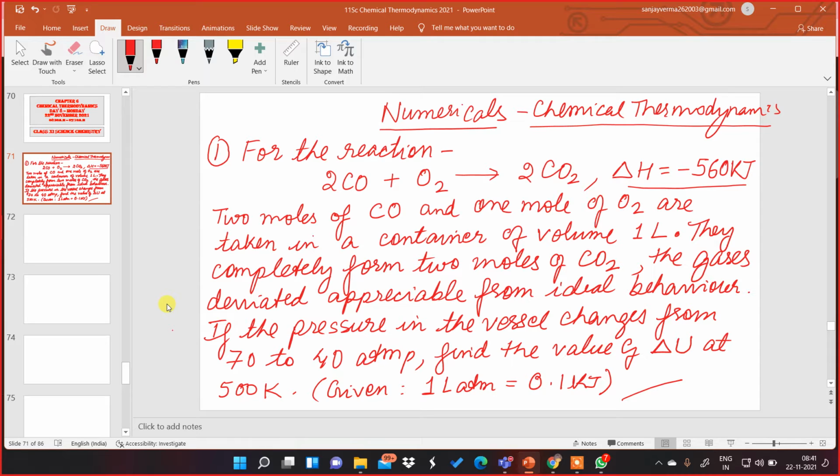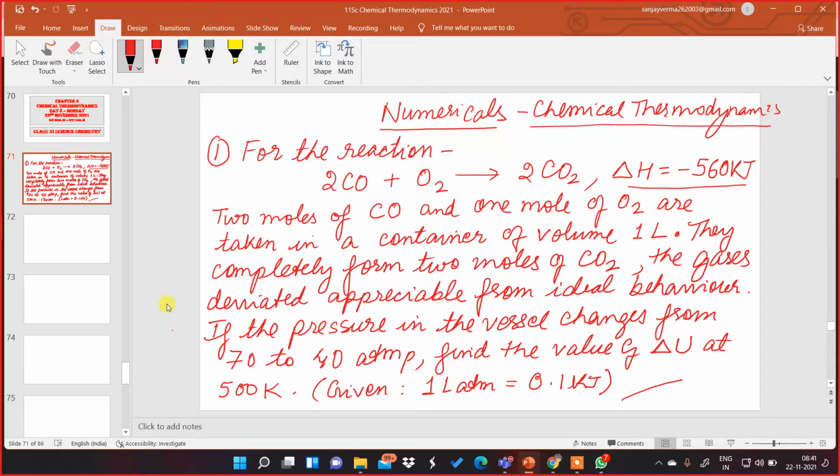The enthalpy change is minus 560 kilojoules. The minus sign is there because it indicates that it is an exothermic reaction.